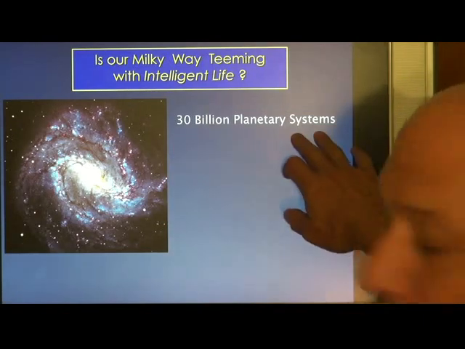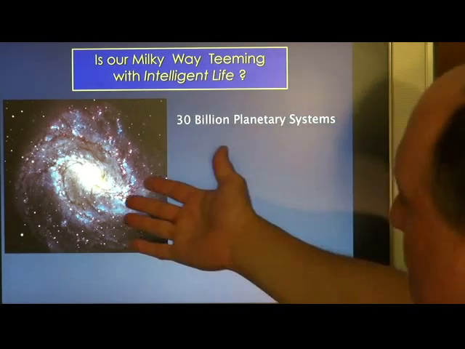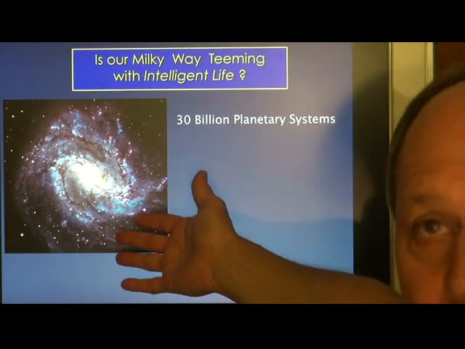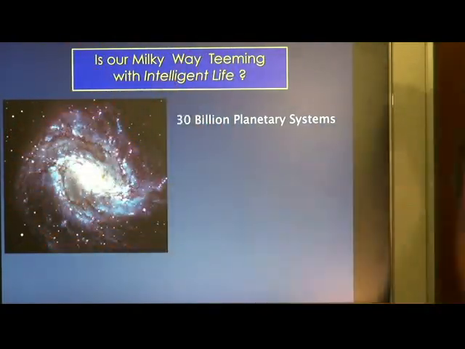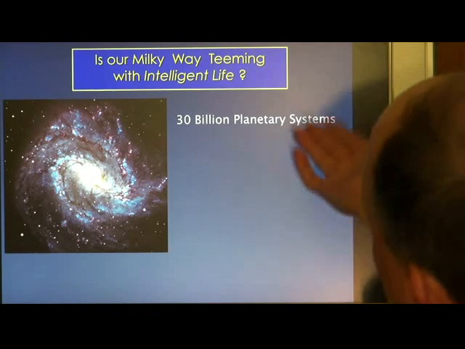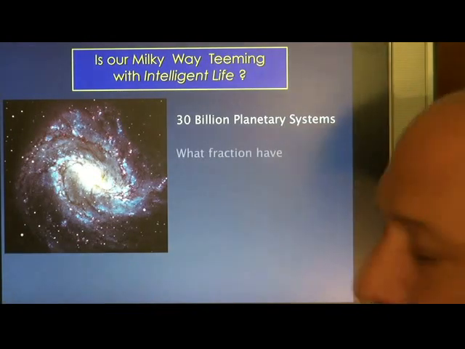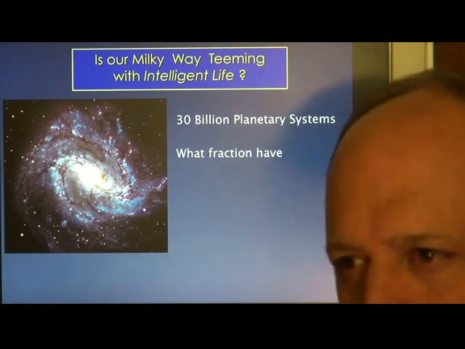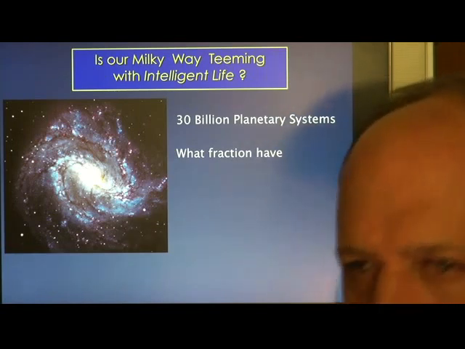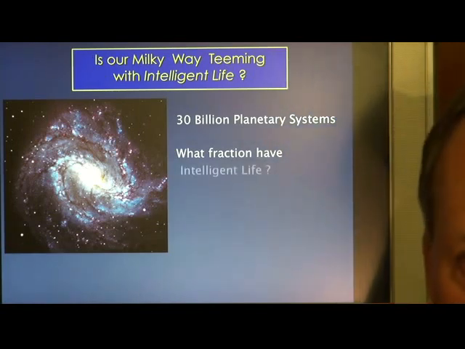There are something like 30 billion planetary systems within our Milky Way galaxy. The stars you see at night are all stars that are members of our Milky Way galaxy. And with 30 billion planetary systems, you might ask, what fraction of those planetary systems spawn not just life, but intelligent life?